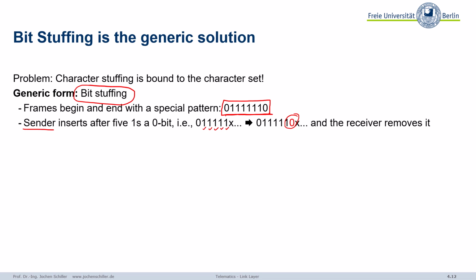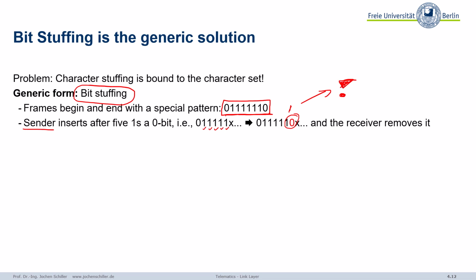The receiver again counts the bits, and as soon as the receiver sees 5 times a 1, it removes the following 0. If after 5 times a 1 there again is a 1, then this will tell the receiver, hey, this is now a special bit pattern.